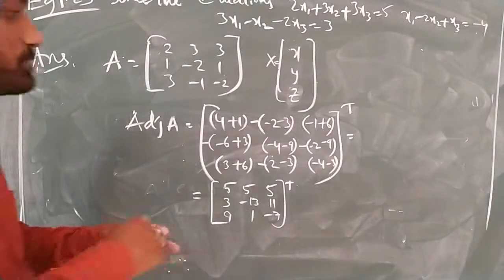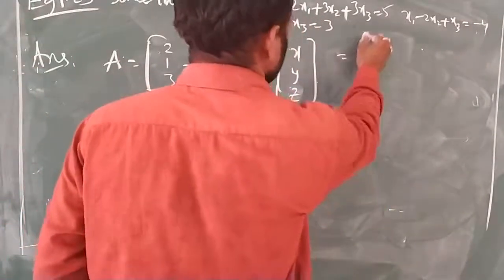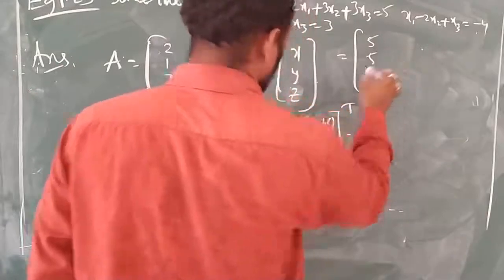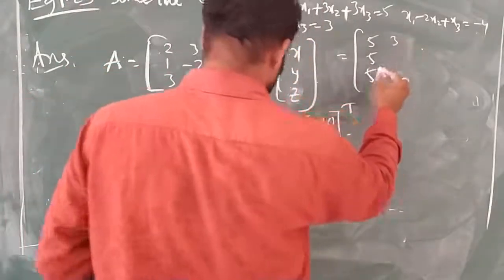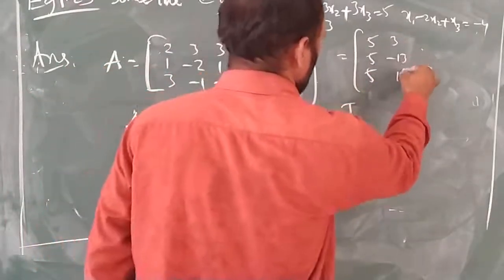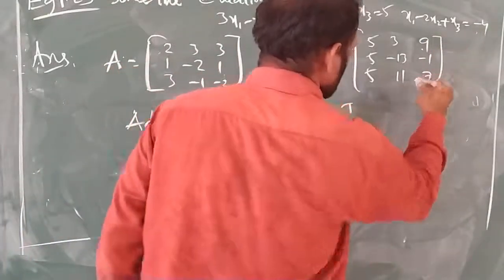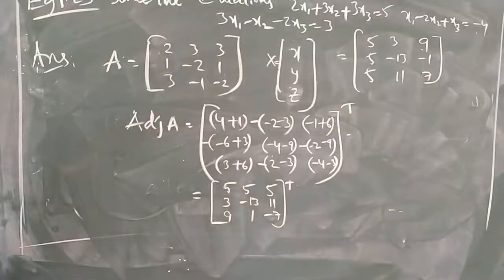So if I do the transpose of this, the rows are 5, 5, 5, 3, -13, 11, 9, -1, 7. So this is the adjoint matrix.